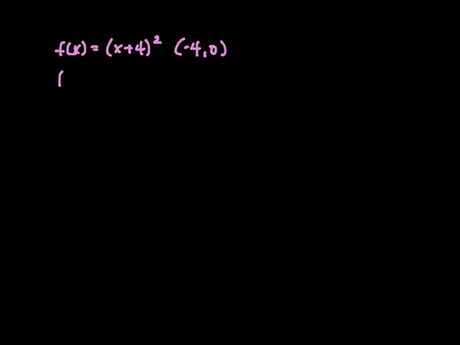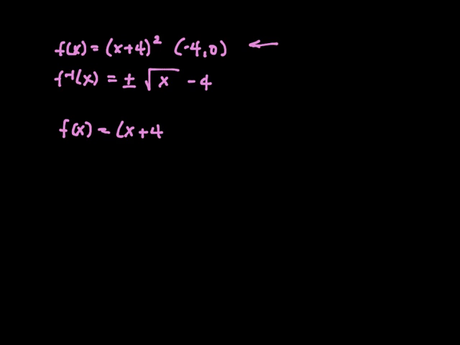And the inverse was f of -1, x equals positive and negative square root of x minus 4. So basically, if I restrict the function and I say I just want f of x equals (x plus 4) squared when x is greater than or equal to -4, okay, so that's just that half of the parabola right here.